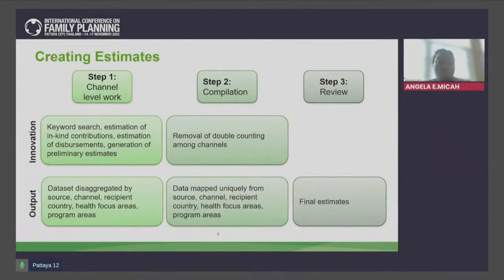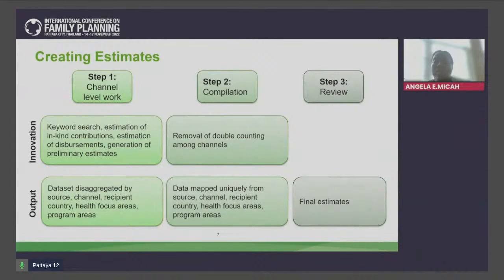And so at the end, we have a data set that is disaggregated by source, channel, recipient, country, health focus areas, and program areas. Then we bring all of these to the second step, where we leverage financial statements as well as income and revenue statements to make sure that double counting, or the transfer of resources across disbursing agencies, is accounted for.